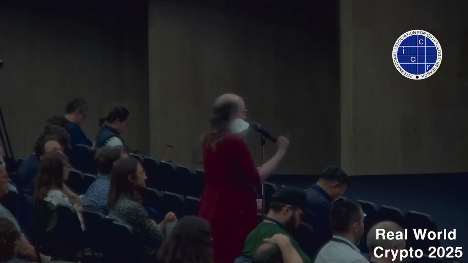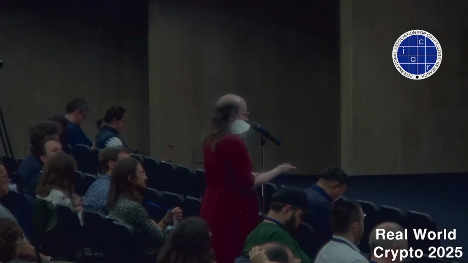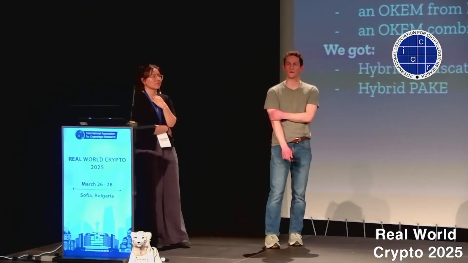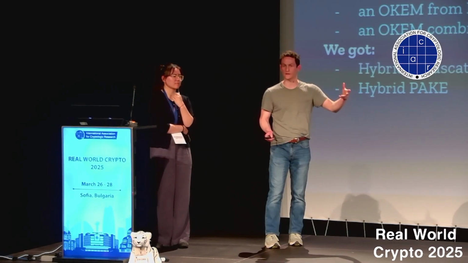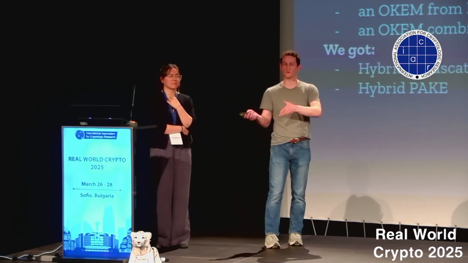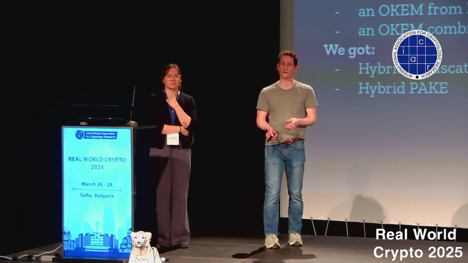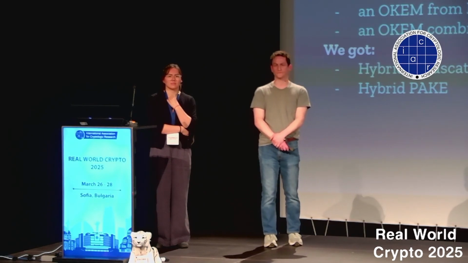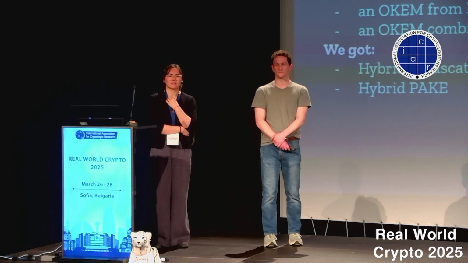Mm-hmm. But if you pick one scheme and assume some property of that, then is that sufficient? Right, then that reduces to the, say one of them is perfectly indistinguishable from uniform, then this reduces to just the indistinguishability of the other one. But that's not what hybrid means, because hybrid means you have to break both. I understand, yeah. In practice, you might trust one more than the other. Okay, thanks.